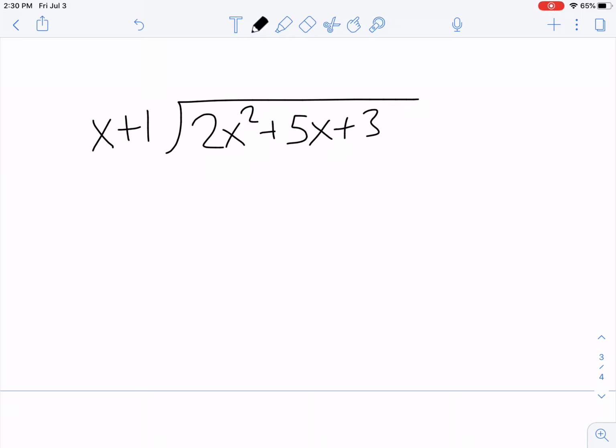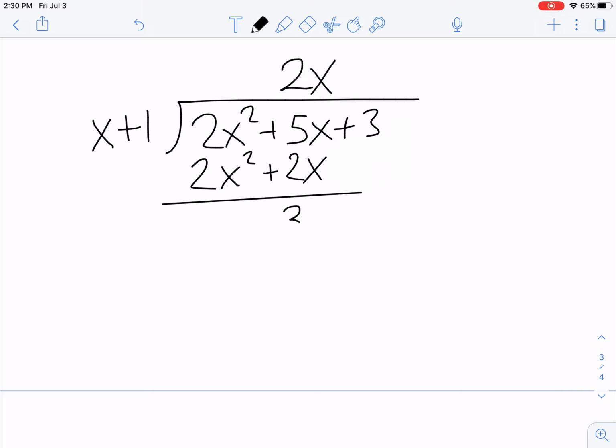It goes in 2x times, and I'm lining everything up in the x spot here. And then I multiply 2x times x plus 1 is 2x squared plus 2x. I need to subtract, so I end up with 0x squared plus 3x. Bring down the positive 3, and the whole process starts again.